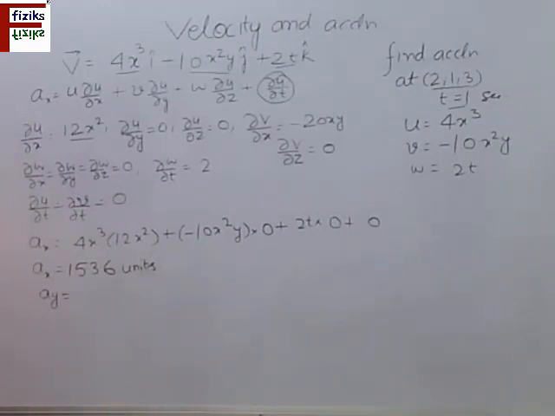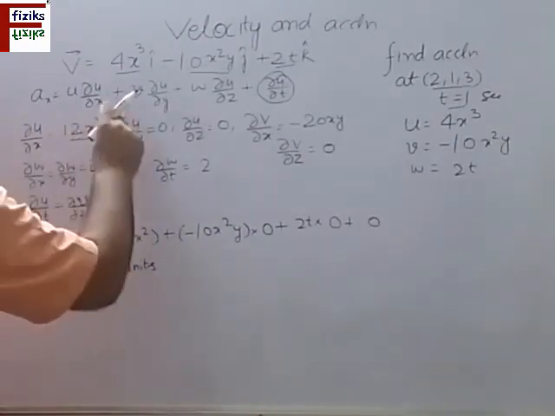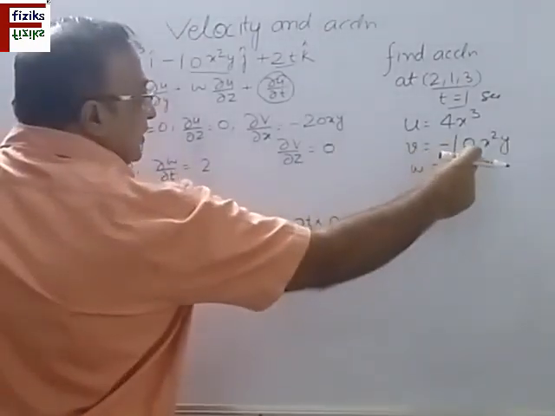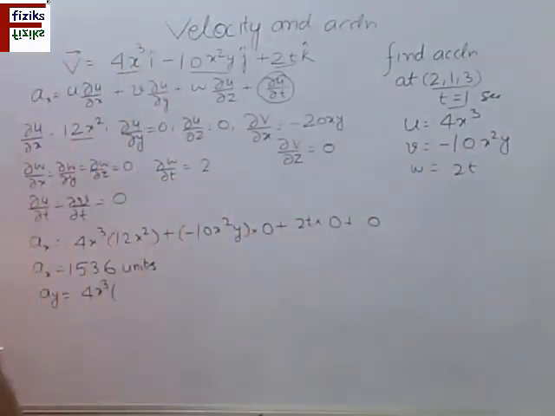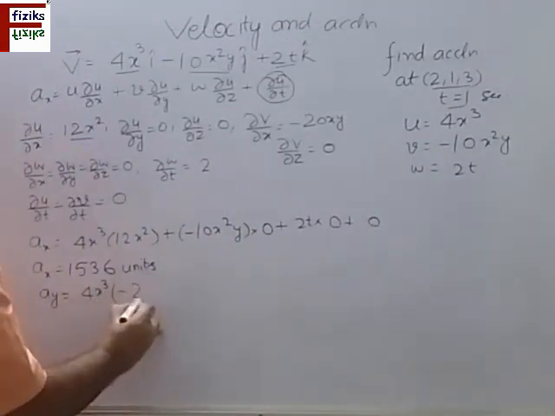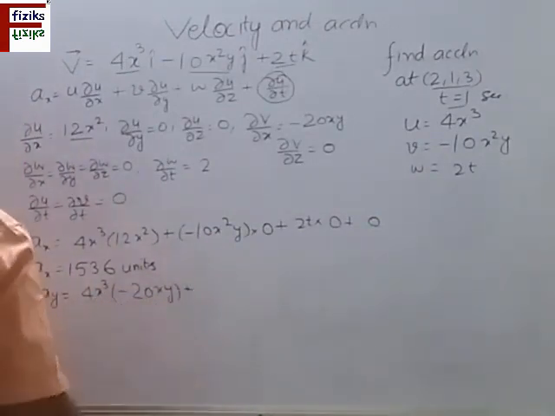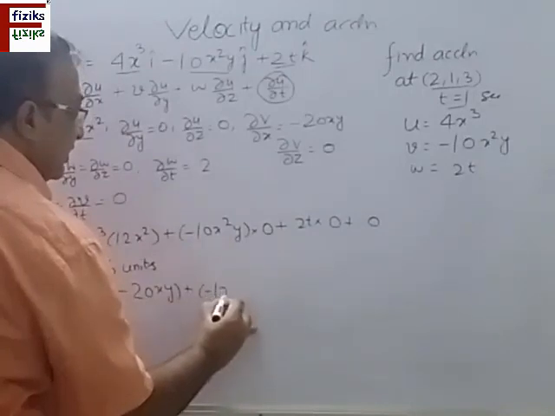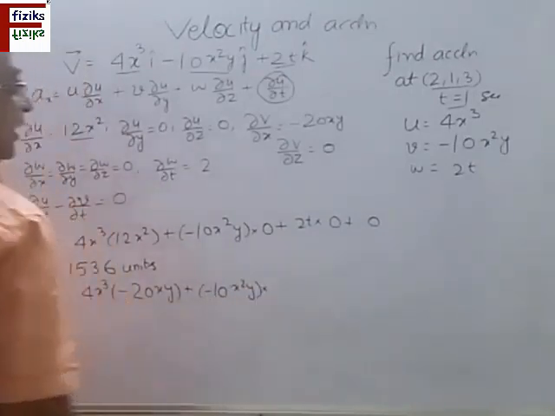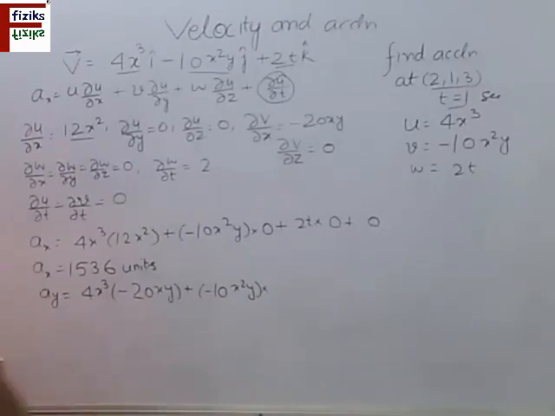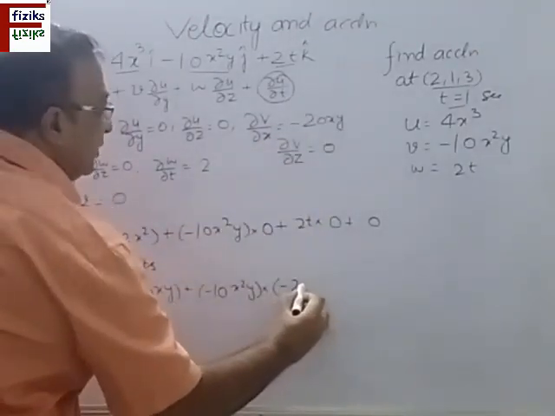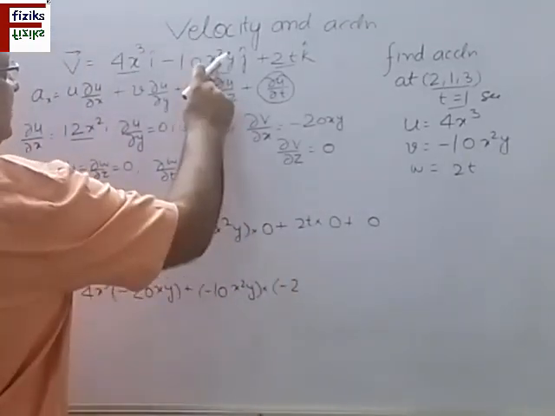So if you put the values in this, you get 4x³, u, ∂v/∂x, and v is this, so this is minus 20xy, plus the next term, v ∂v/∂y, minus 10x²y into ∂v/∂y, which is minus 10x².